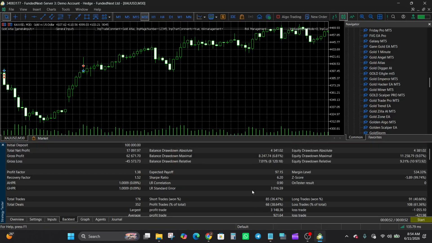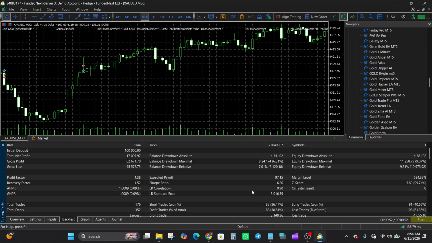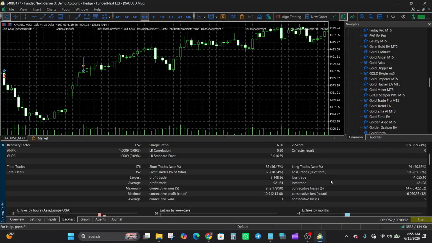All right, it's not exactly very impressive though. As for the balance drawdown maximal, we can see that it was about 6.81%, and the relative balance drawdown was 7.01%. As for the equity drawdown maximal was 9.07%, and the relative equity drawdown was 9.31%.